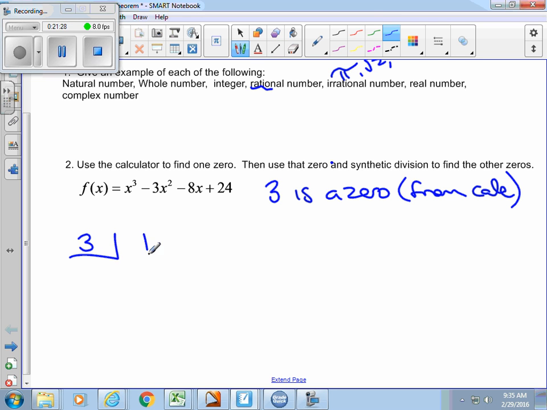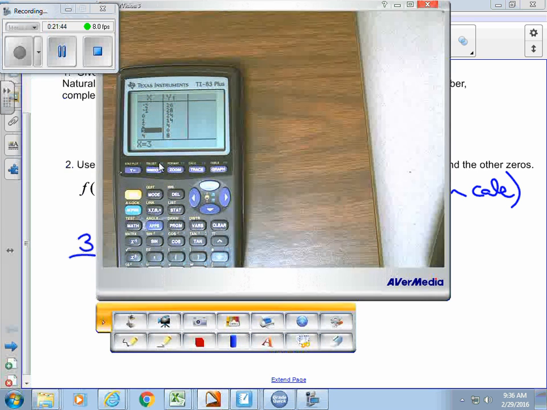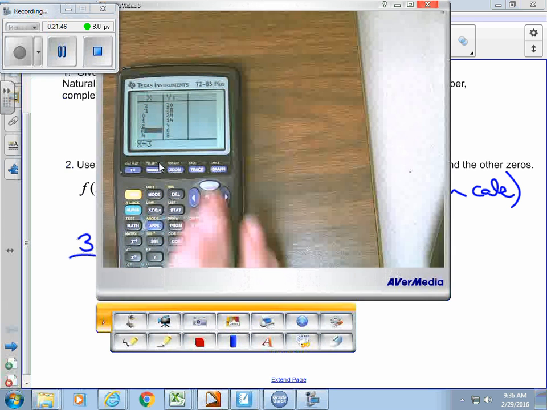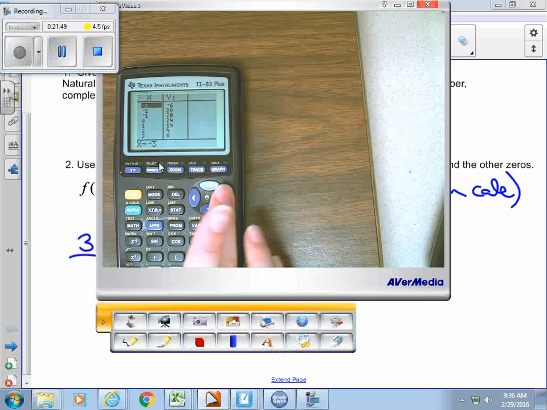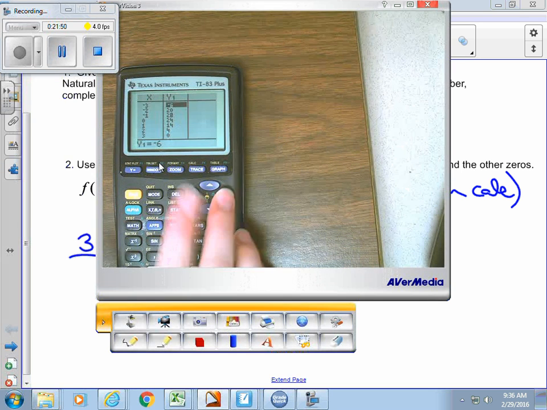So I'm going to put 3 in a box. It wasn't a 0. It looks like it might be, and I went to my table and checked. See? And it wasn't.